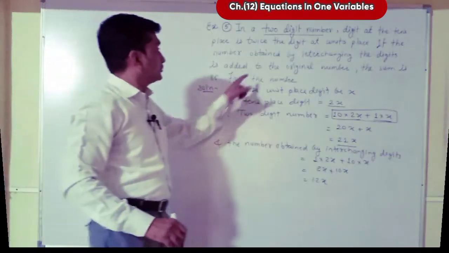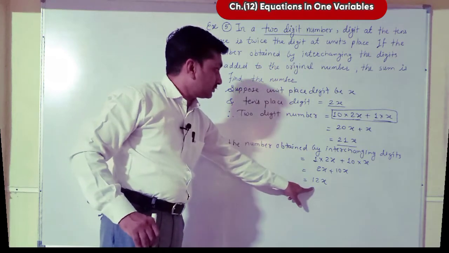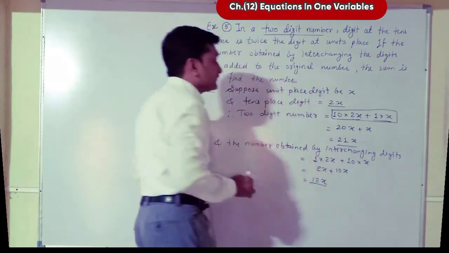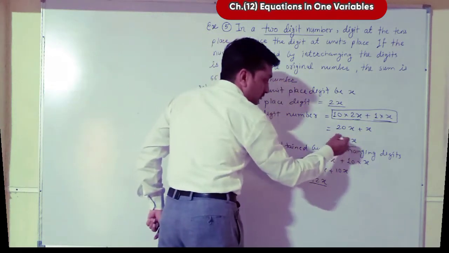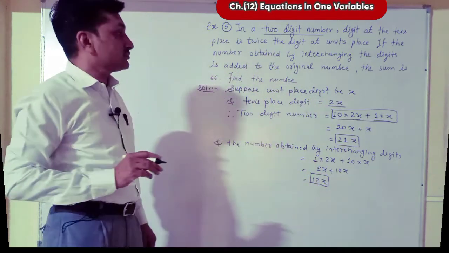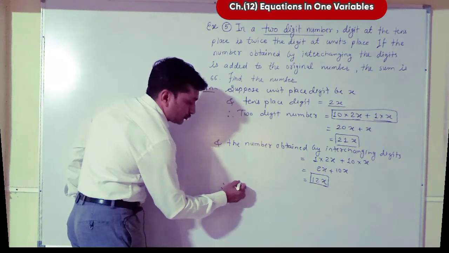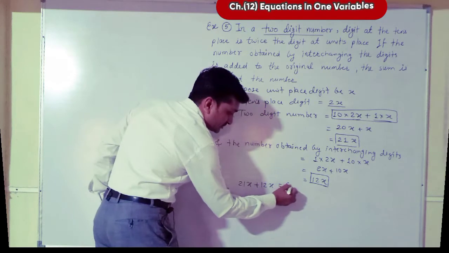What is the condition now? If the number obtained by interchanging the digits is added to the original number, the sum is 66. Therefore, 21x plus 12x is equal to 66.